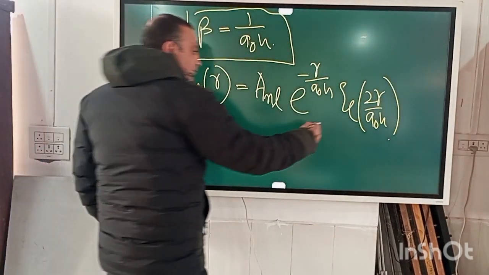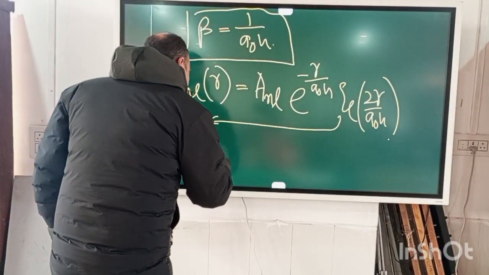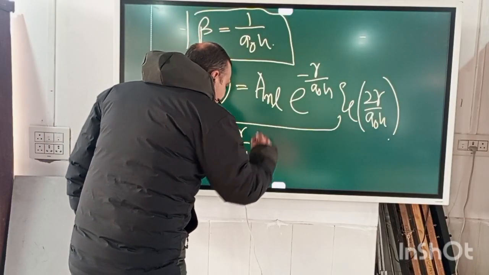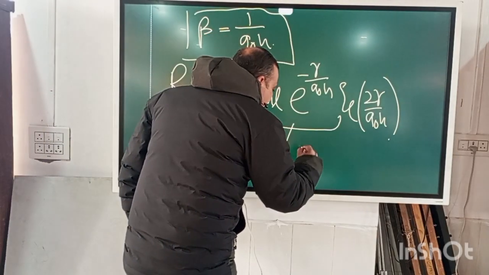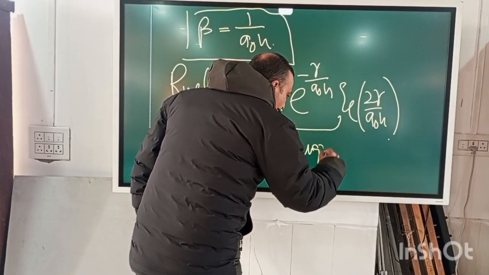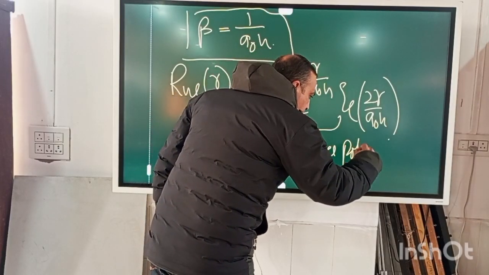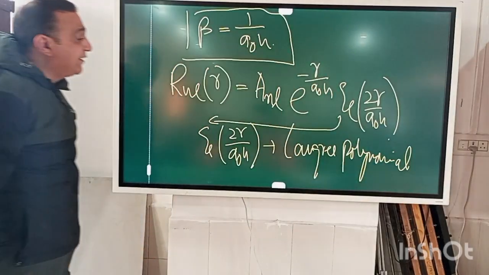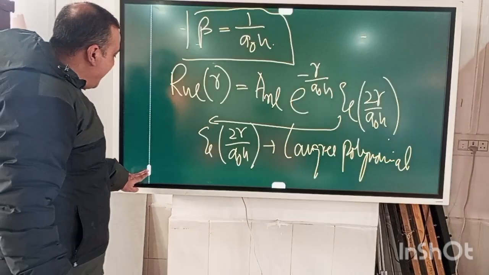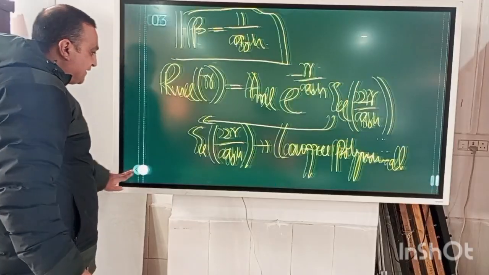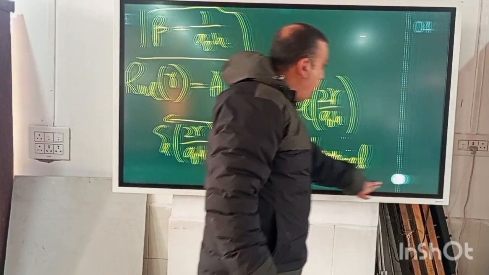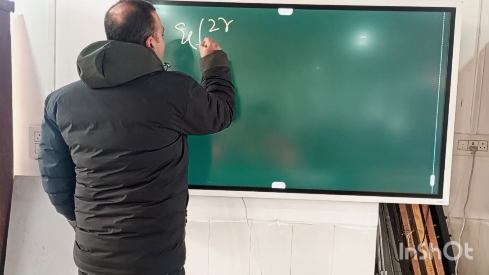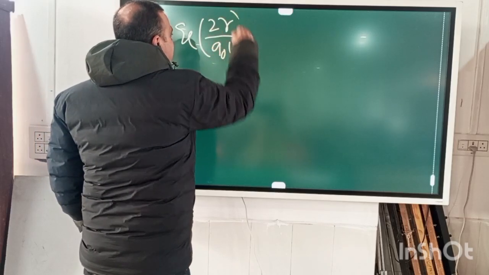Now this zeta of 2r by a naught n, we call this Laguerre polynomial. This you will have studied in your mathematical physics course, and we can write down this Laguerre polynomial, that is zeta of 2r by a naught n.